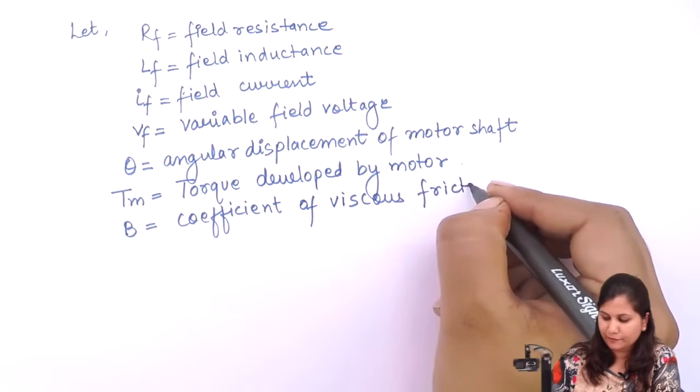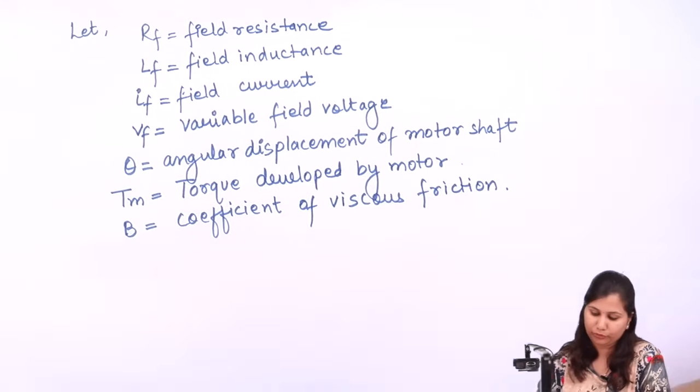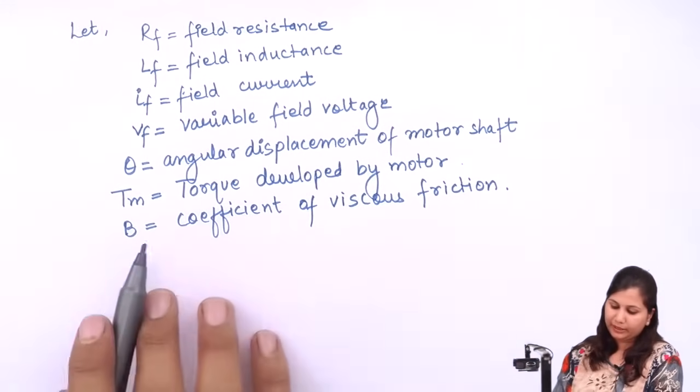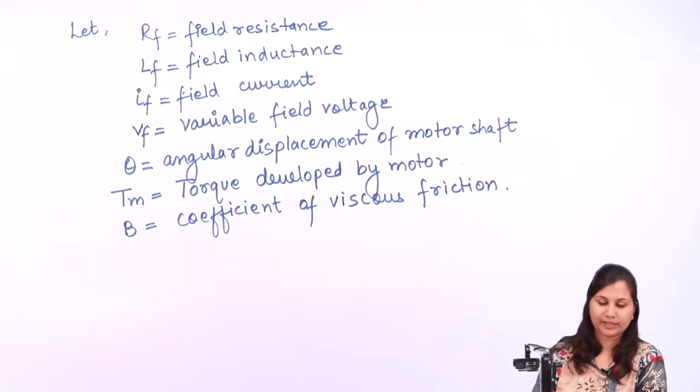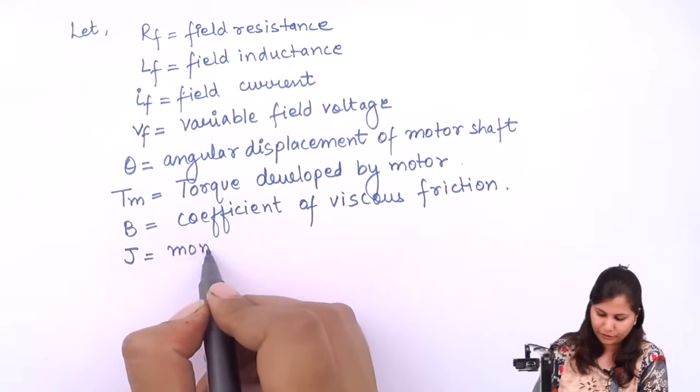Viscous friction means the friction due to a liquid. Okay, some oil or some liquid will be used, so for the friction provided by it, we have the coefficient of viscous friction as B, and J is the moment of inertia.